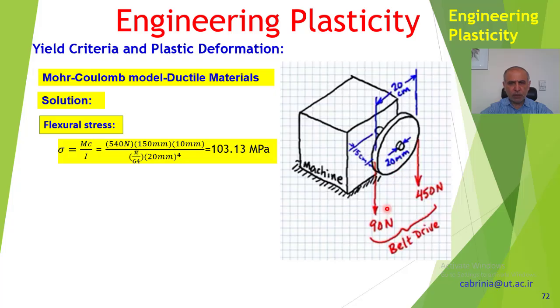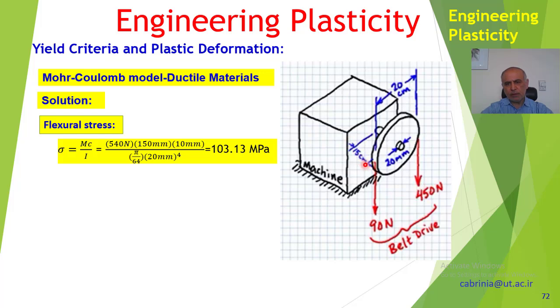First of all, we have to find the stresses applied here. The stress is a flexural stress and is equal to Mc over I, and M is the moment applied to this shaft, which is 540, because we have 450 here and 90 here, so we get 540 Newton times 150, which is the distance.